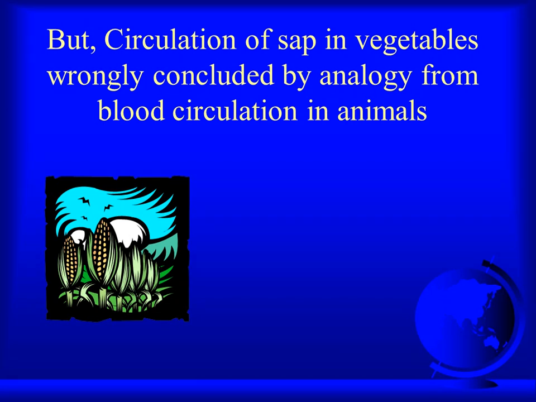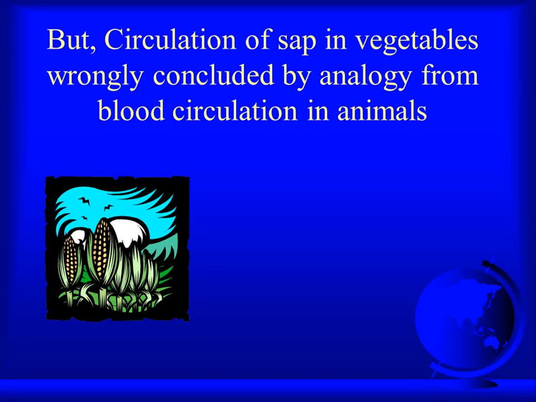And of course, what is the additional point Hume is making here? Not only would it be a weak conclusion to conclude from what happens with us and animals that sap circulates in vegetables like blood in animals, but it would also be a wrong conclusion.